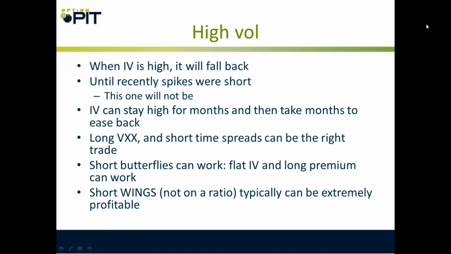Things like long VXX and short time spreads can be the right trade. Short butterflies can work. Things that are short wings. There's all sorts of trades that can be profitable. So just be aware that volatility is its own animal.